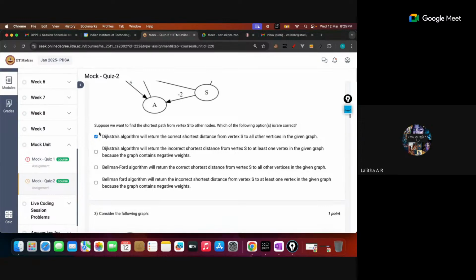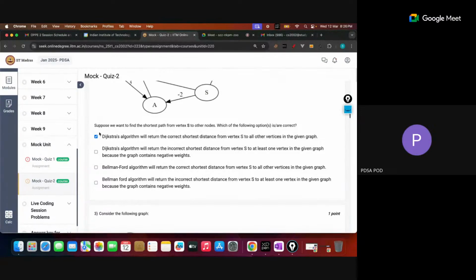I have a doubt, sir. Dijkstra's algorithm works even in case of negative weights unless there is a negative cycle? It depends on whether it is a general statement or a specific statement. If they give a statement without any graph, as a true or false statement, you are supposed to say that Dijkstra's algorithm doesn't work for negative weights.